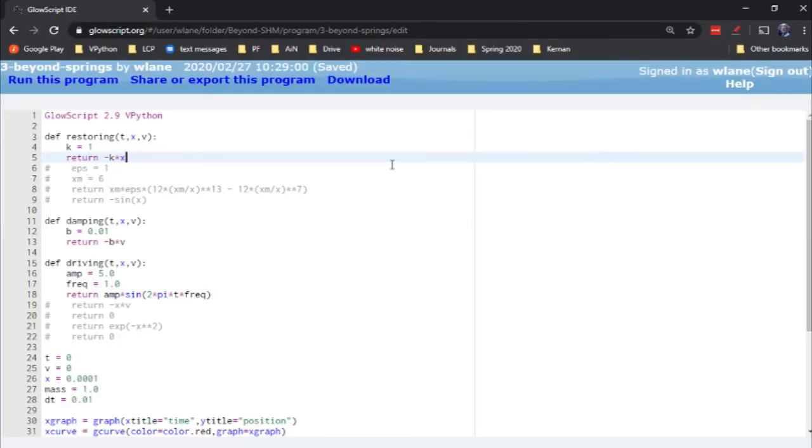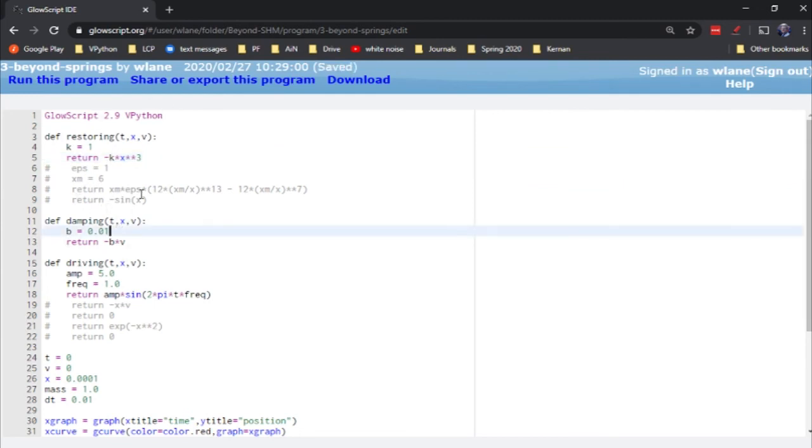Okay, so let's start by adjusting our restoring force. Instead of negative k times x, let's try negative k times x cubed. And technically, this should be a 4 times x cubed. It doesn't really matter what the thing is in front, so we'll just leave that there.